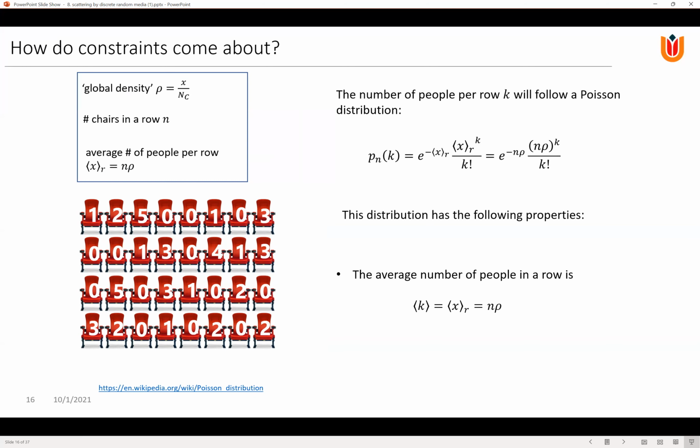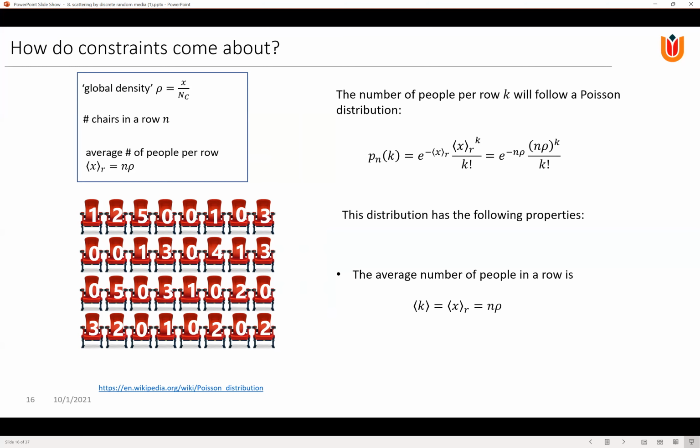The first is that the average number of people per row, which is what we were calculating, is going to be n times the density. So that means that it is going to be equal to the global density. That makes sense.